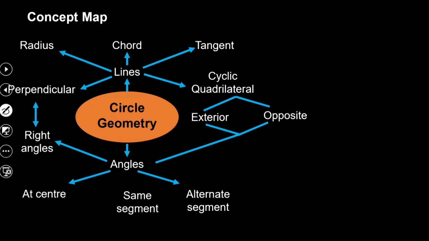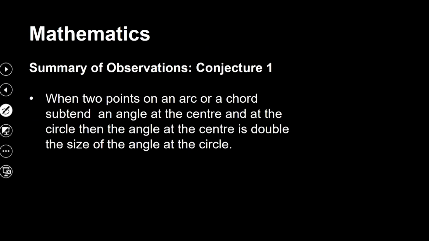So remember we've looked at a radius, a chord, and now we are busy with the concept of angles, and specifically we're looking at the angle at the center, and about the same segment or the alternate segment.